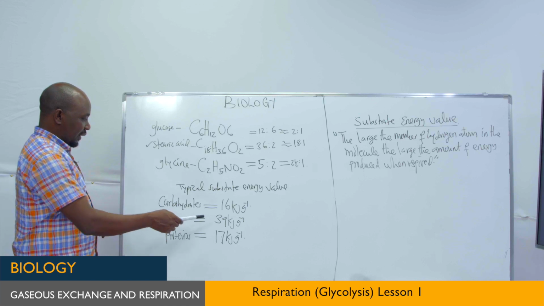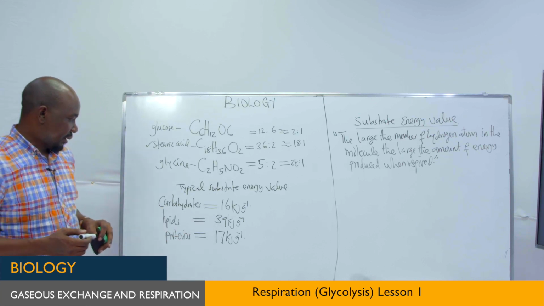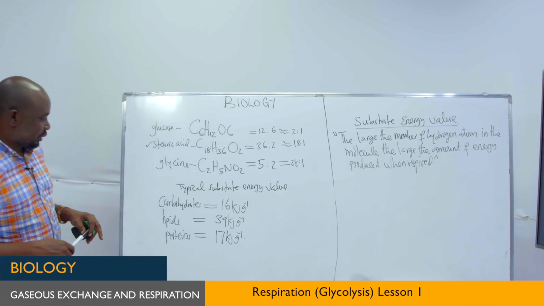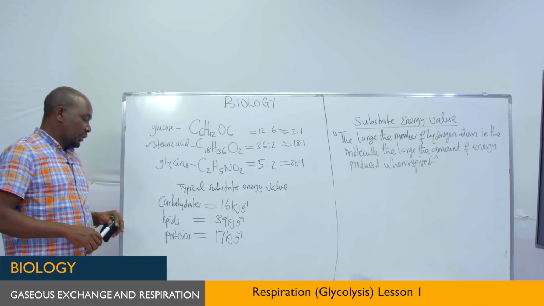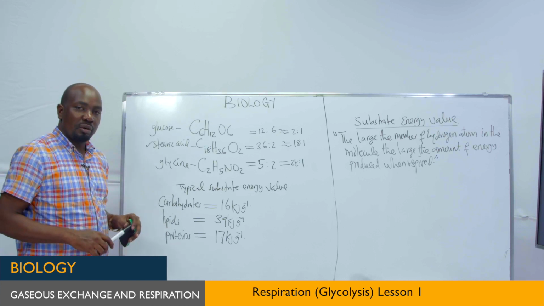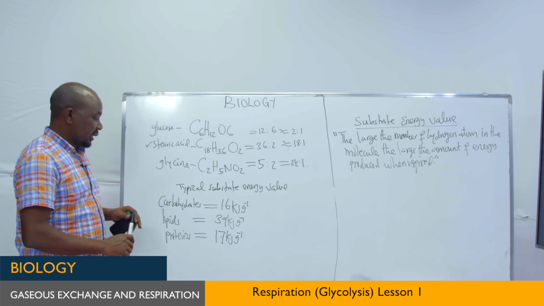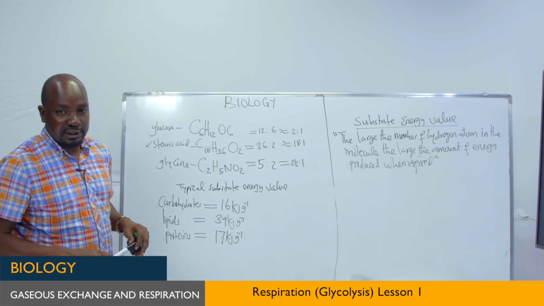So obviously the lipid produces the highest amount of energy when 1 gram is oxidized, followed by the protein, and the carbohydrate is the last.